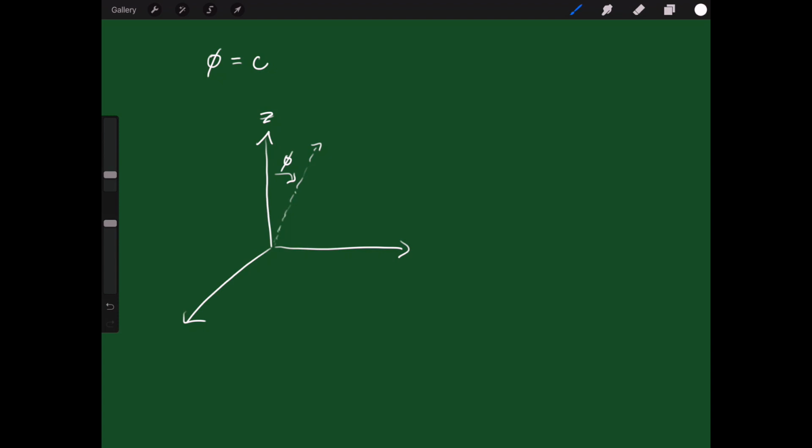And let's say that angle down from z was constant. Then that could be any rho, so that whole ray would be on. And then it could be any theta.